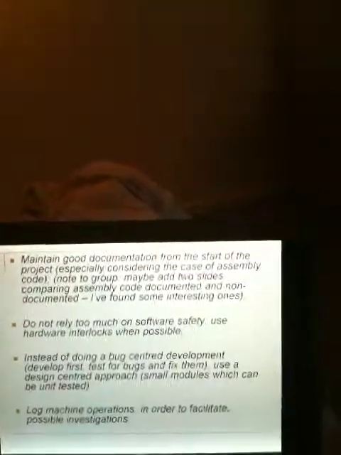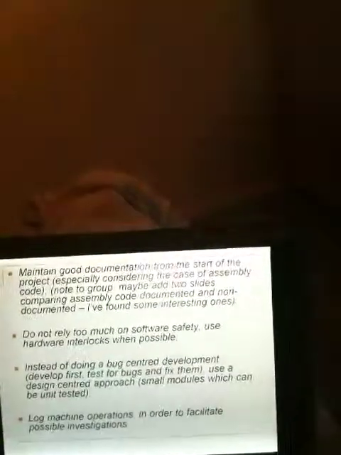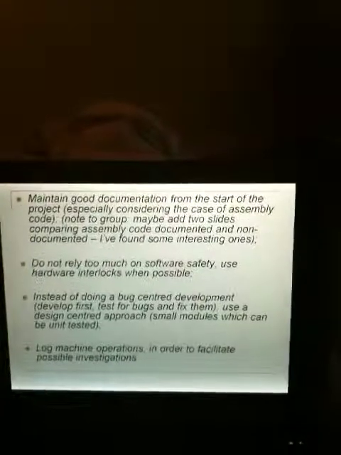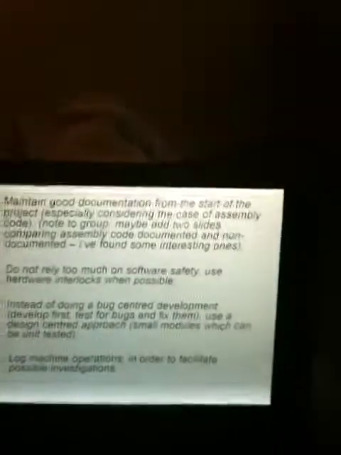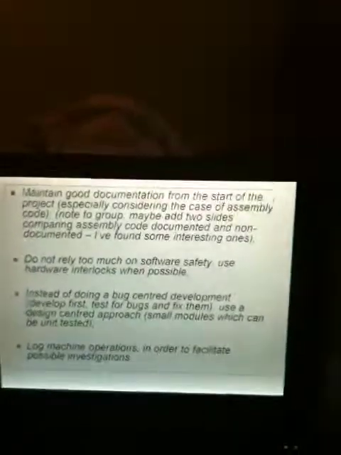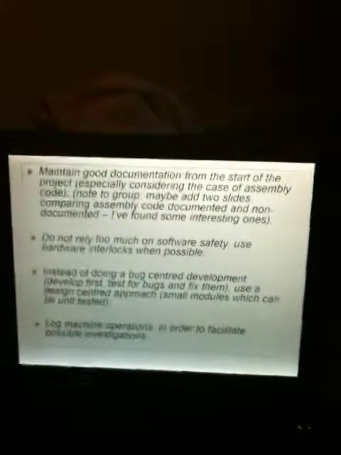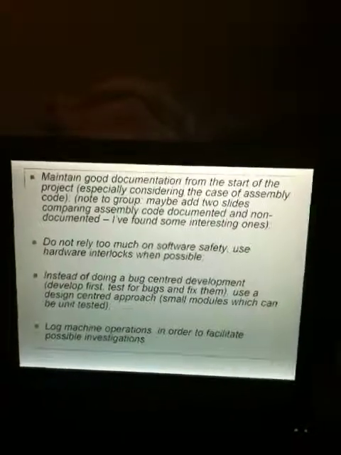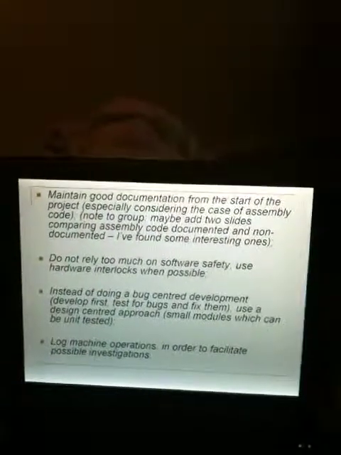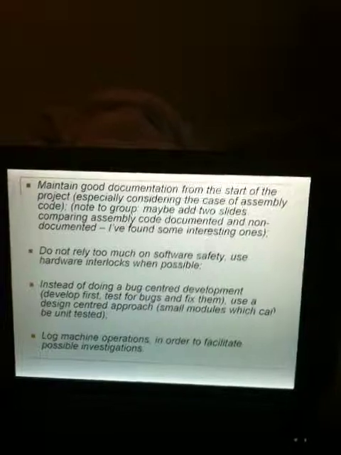And it is also important to maintain this documentation since the start of the project, instead of what the Terra 25 did, which was to program the whole project and then go back and figure out what the specific modules would do, and then document them. The second one is not to rely too much on software safety.